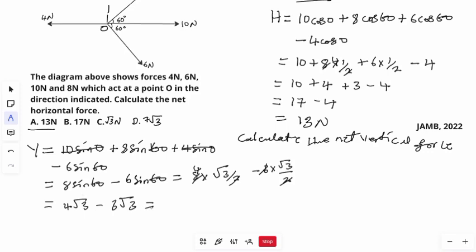In the end, 4 minus 3 is 1. The answer will be root 3 Newton. So the net vertical force will be root 3 Newton here.